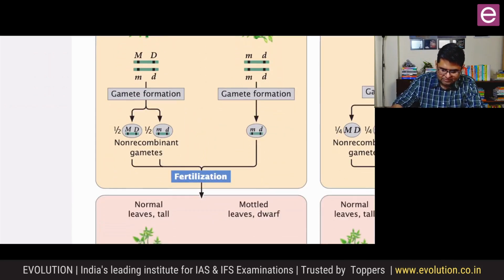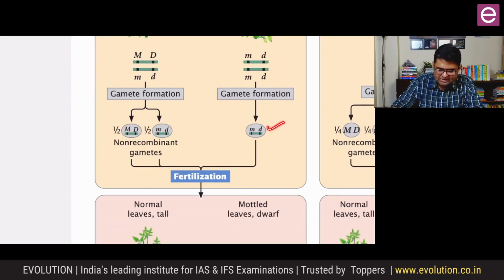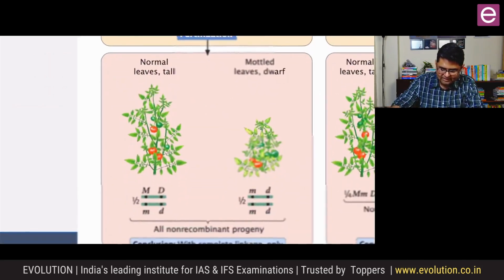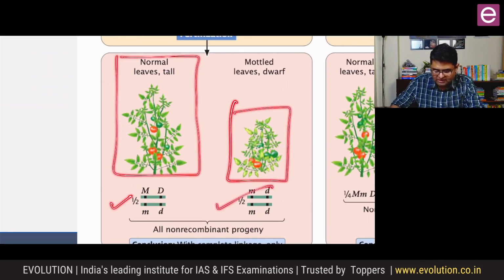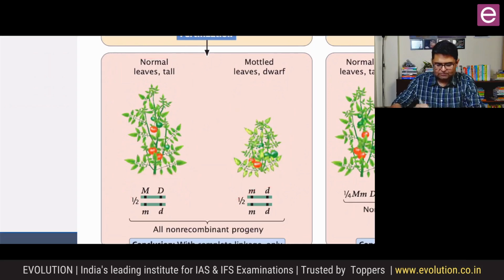So half of the gamete will be dominant M, dominant D, half of the gamete are going to be recessive M, recessive D, and this is going to only produce recessive M, recessive D. And then in equal ratio, half of the plant will be normal, heterozygous, and half of the plant will be dwarf and mottle leaf, homozygous recessive. So here we see कि if we carry out test cross for totally linked genes, mean genes के बीच कोई crossing over नहीं होती, so the ratio is going to be 1:1.